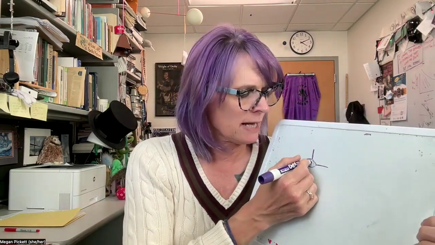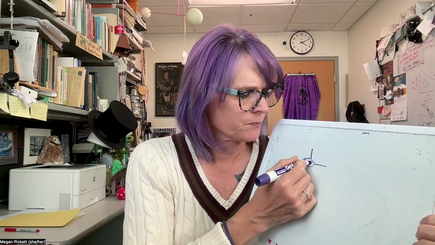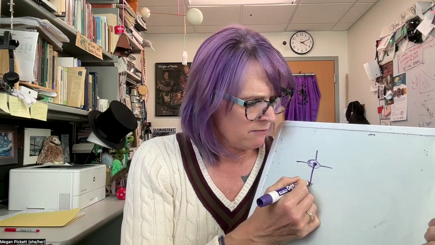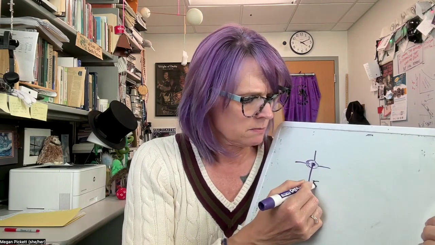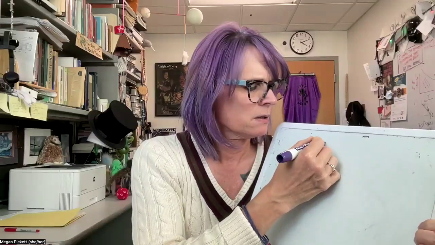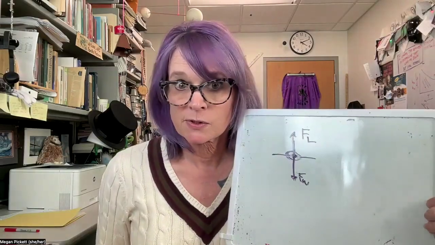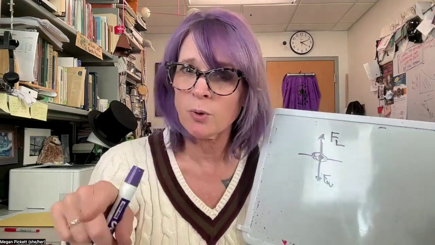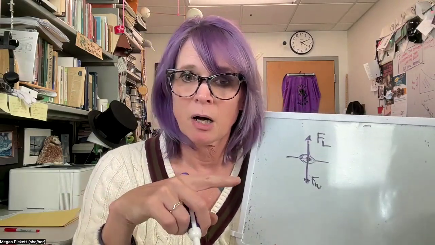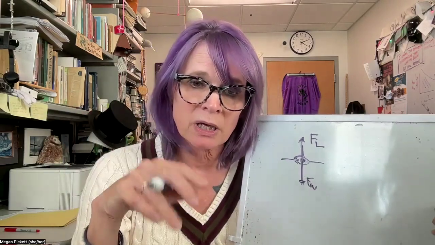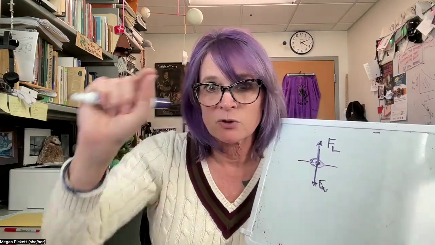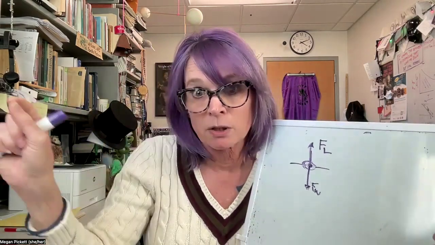If we were to collapse this to a free body diagram, ignoring wind resistance, we would have weight, and then holding us up in the air is a lift force. Now, that lift force is something we're going to talk about in the section on fluids. As a plane moves through the air, the shape of its wings is such that the top side is a little bit bigger than the underside.